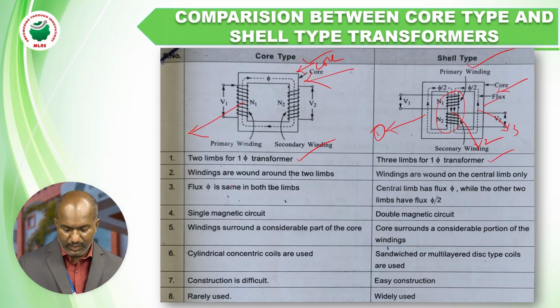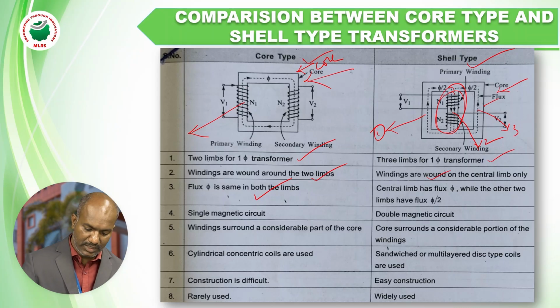The next difference is that windings are wound around the two limbs. In shell type transformers, windings are wound on the central limb only. Here see the diagram, windings are wound on the central limb. And the third difference is flux is the same in both limbs.